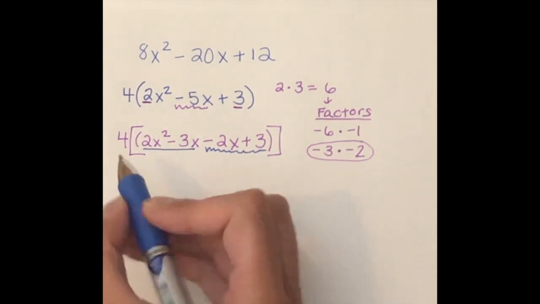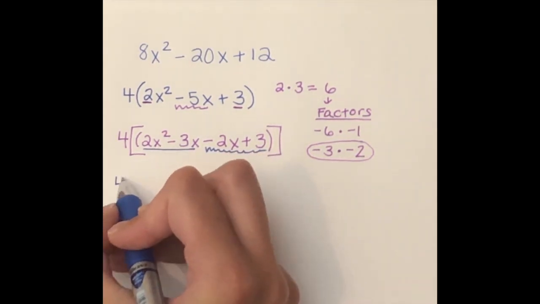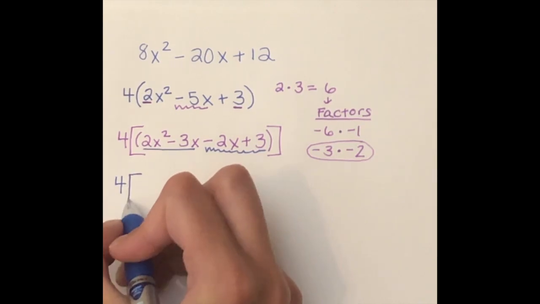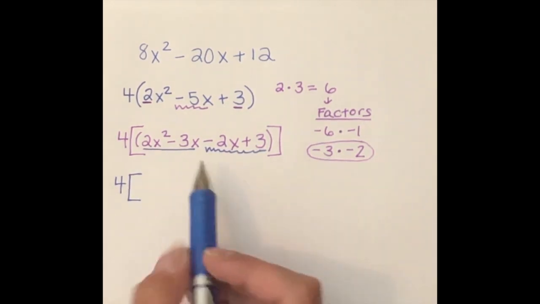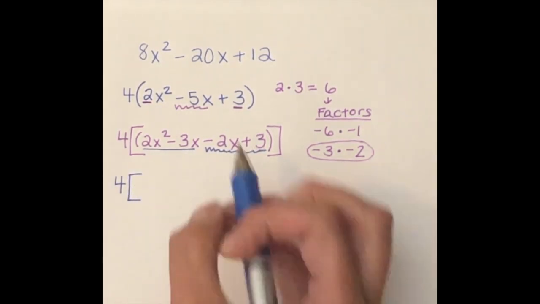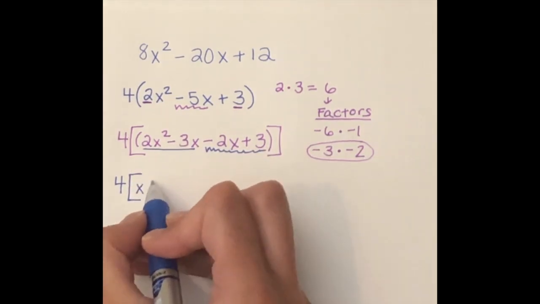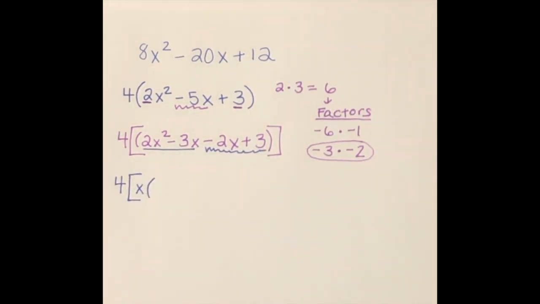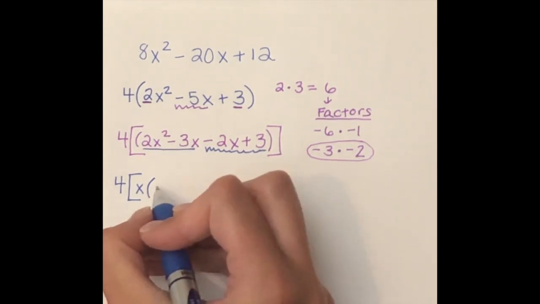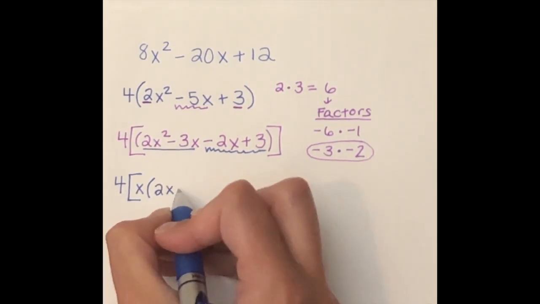So again, this 4 is coming down, and our greatest common factor of our first grouping is just x. And when I factor out an x, I'm left with 2x minus 3.